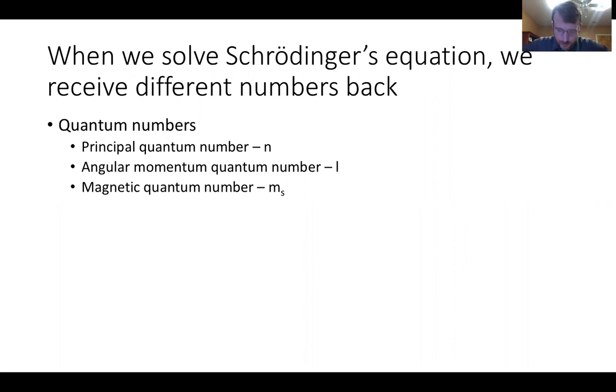And then the magnetic quantum number, ms, corresponds to the spins. They have the same ms usually among all electrons. We'll worry about this in the next chapter when we start to fill out these different orbitals. And so this is a way that we can predict where an electron is going to be around an atom.